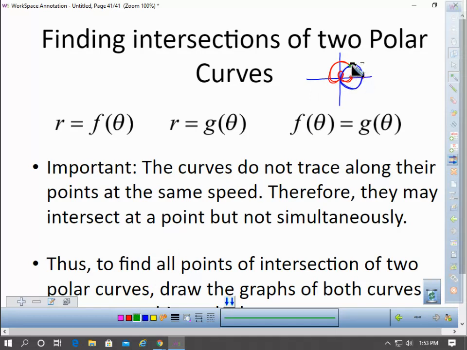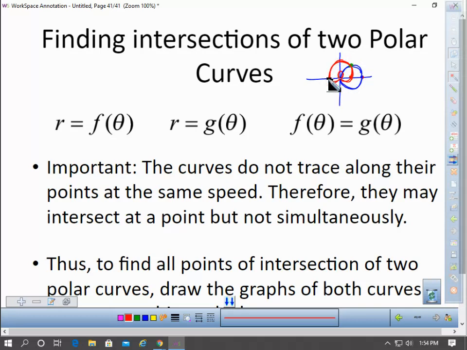The thing is, they may not both be at this intersection point at the same time. For instance, going around this limacon, we would be here, here, and here.